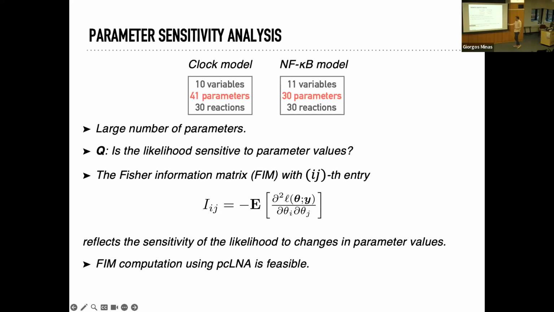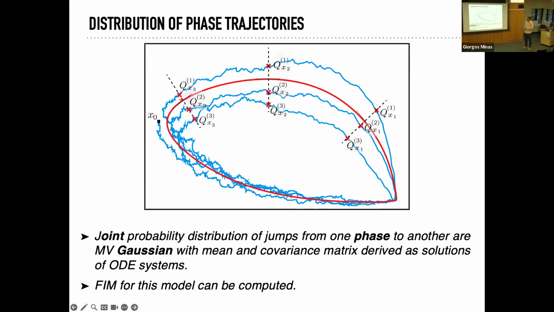This is feasible because PCLNA has this underlying Gaussian distribution that we can compute. You can't compute it from the Kalman filter, so you only get some sort of observed information matrix.